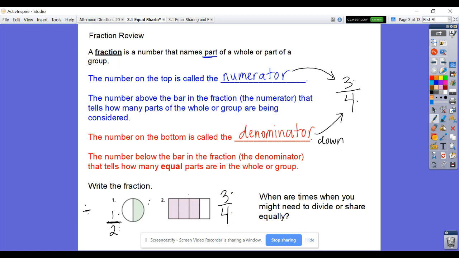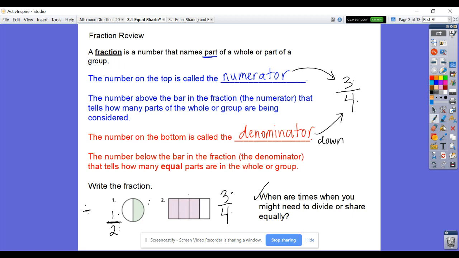And let's think, when are times when you might need to divide or share equally? Can you think of some times in your day-to-day life when that might happen? Perhaps you're thinking of when you have a certain amount of food. Halloween's coming up.